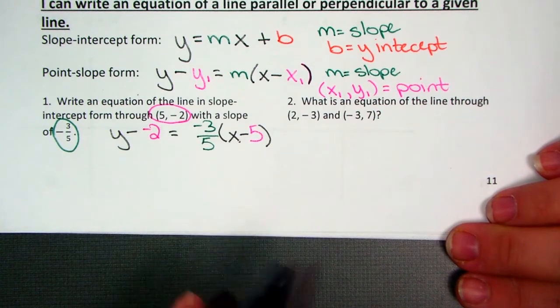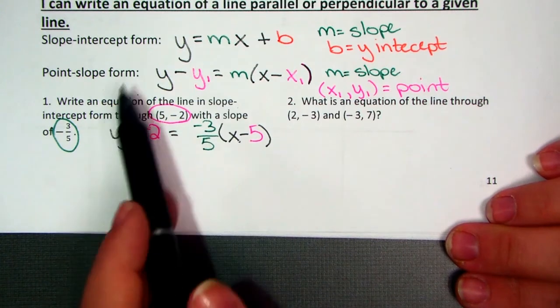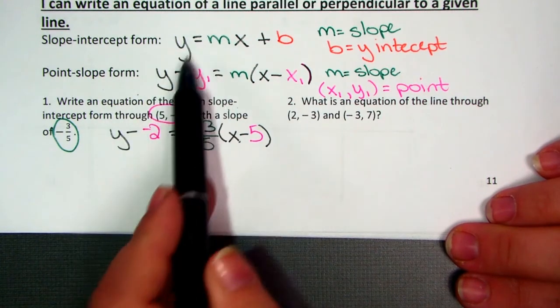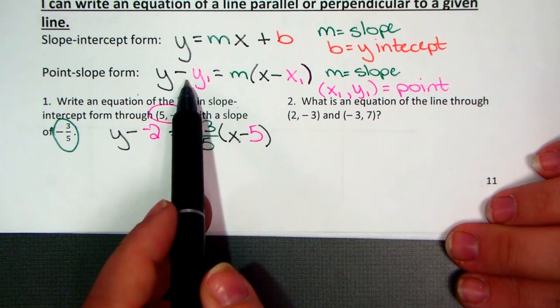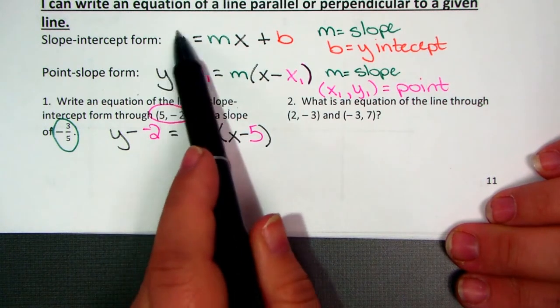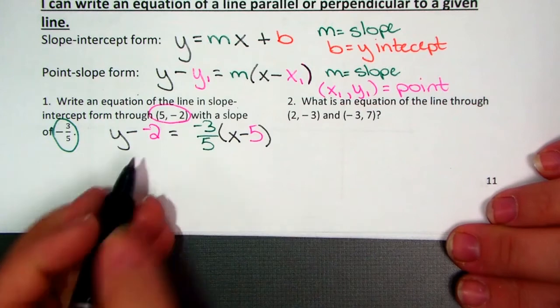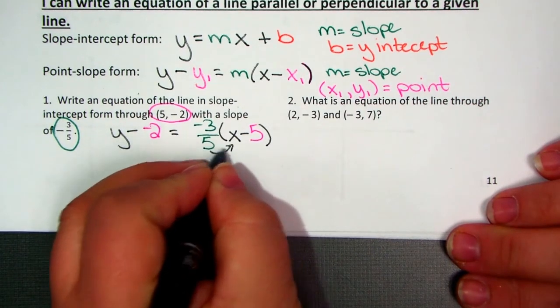Okay, now we just have to make this into slope-intercept form. Well, what's the main difference between slope-intercept form and point slope form? The main difference is that slope-intercept form has no parentheses and has y by itself. So I guess two main differences. So let's distribute to get rid of the parentheses first.